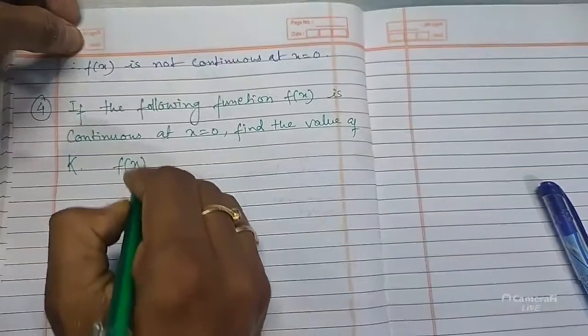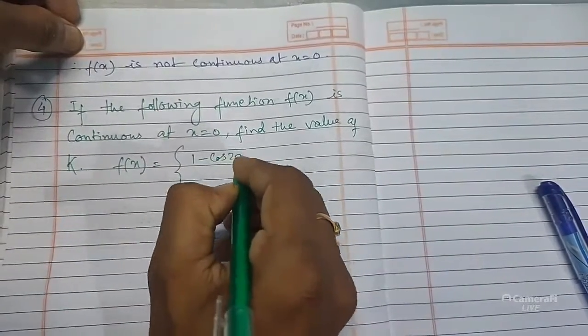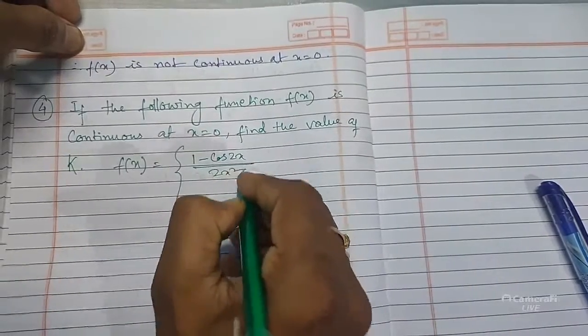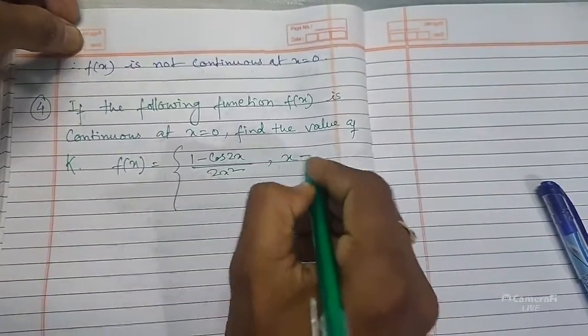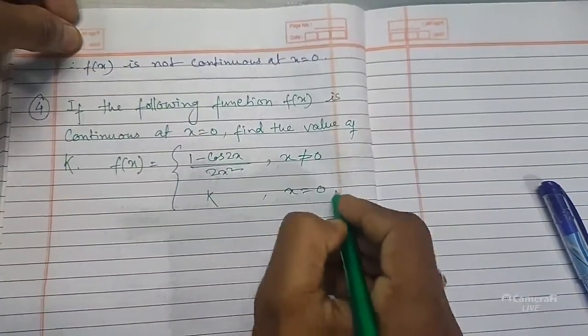Here f(x) is given: (1 minus cos 2x) by 2x square when x is not equal to 0, and this is equal to k when x is equal to 0.